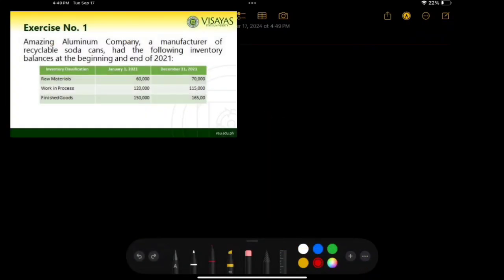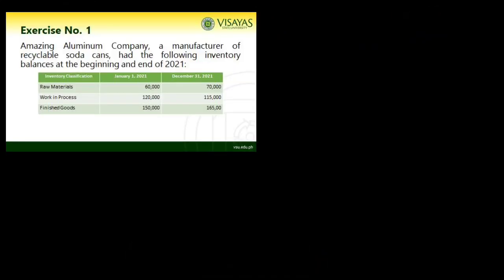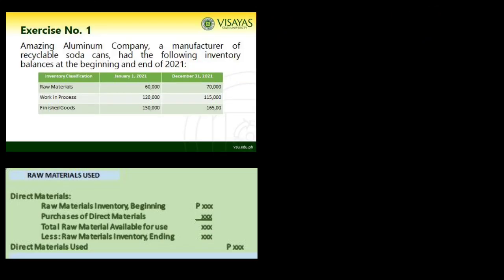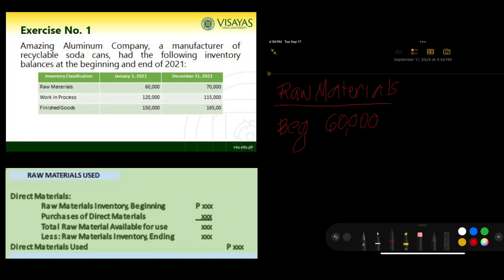Okay, so let's start with this exercise. Sabi dito, Amazing Aluminum Company, a manufacturer of recyclable soda cans, had the following inventory balances at the beginning and end of 2021. We'll start with the raw materials, okay? So, sa list ng raw materials, di ba meron nakalagay dyan na beginning at saka ending? So, we start with the beginning. So, that would be the beginning inventory ng raw materials mo, which is 60,000. Okay?